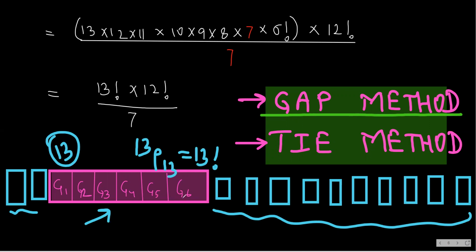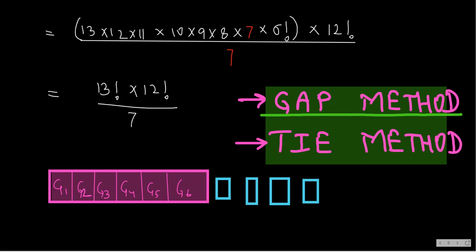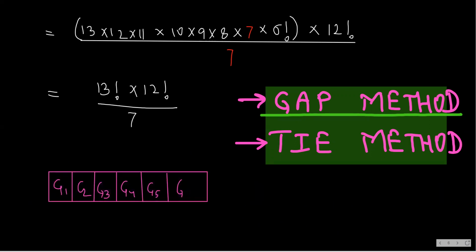So this is the way we would have done it had they asked in the question that all girls are supposed to be together, but they haven't asked that. That's why we are going for the gap method. The gap method is where they say no two girls are together, and the tie method is where they say all the girls are together.